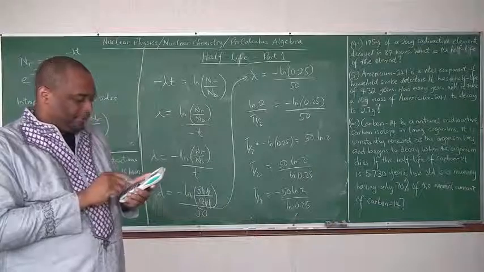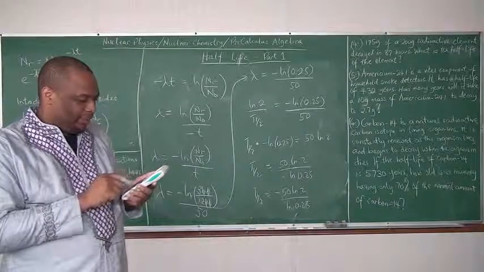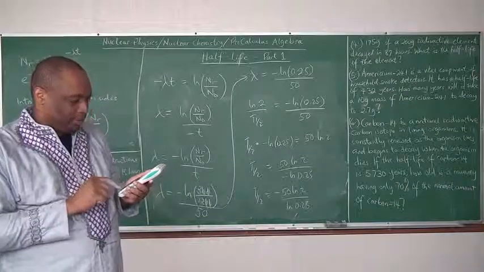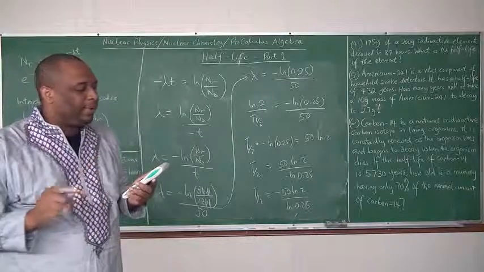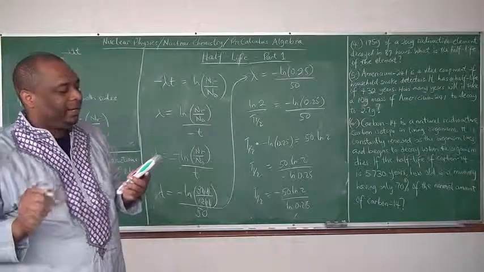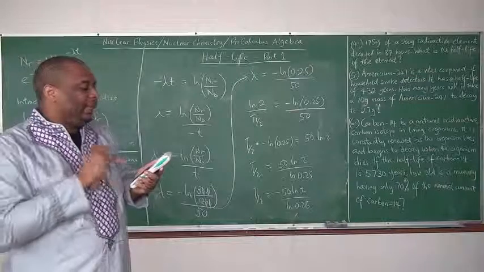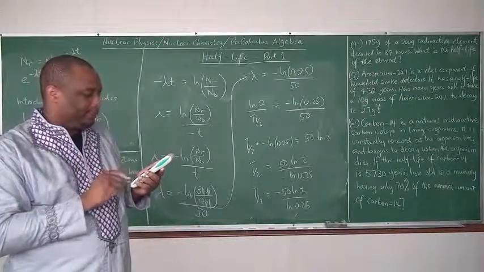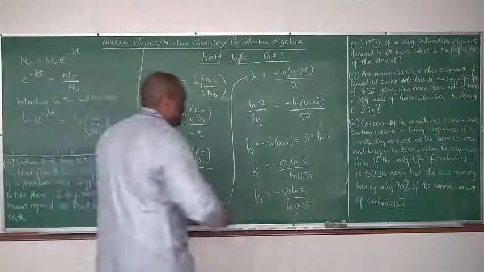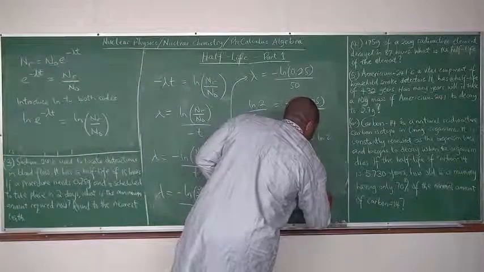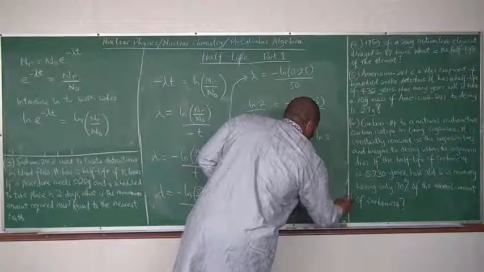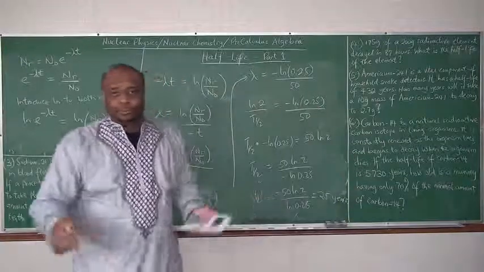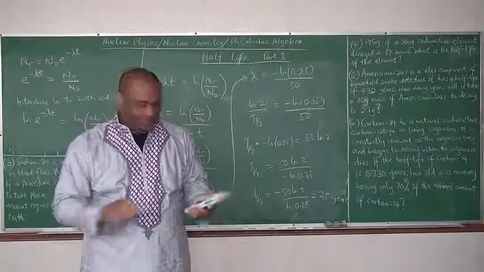Now let me do 50 ln 2, which gives 34.65735903. Then divided by ln 0.25, this gives me 25. 25 years. That's it.